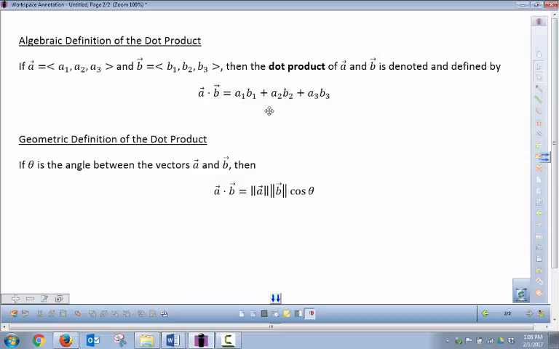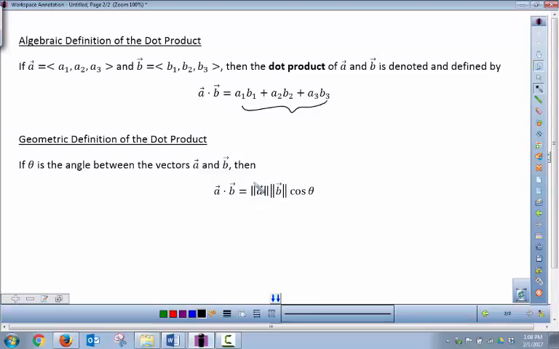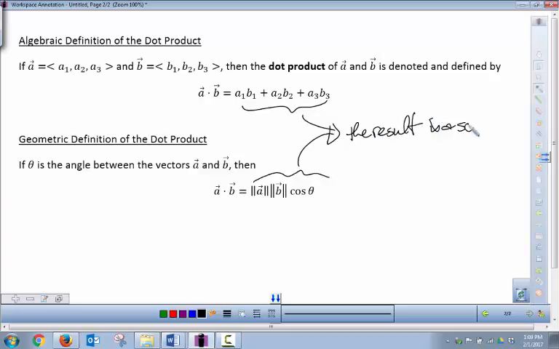And that's an important fact to remember. You don't get a vector anymore. You take 2 vectors, you do something to it, and now it's not a vector anymore. And that's kind of significant.